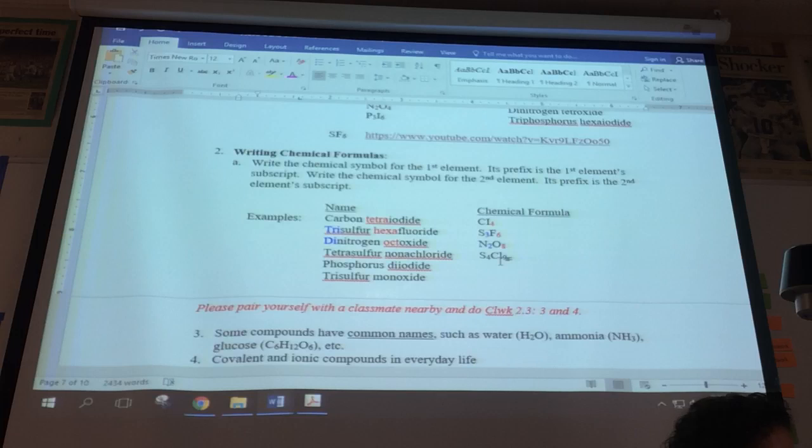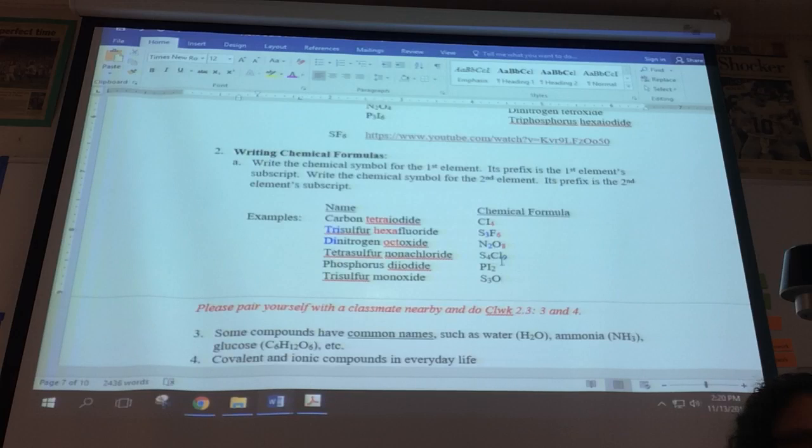It'd be P, P, and then I, I, 2. PI2. You got it. Diiodide. And trisulfur monoxide, Dylan. S3, like on the bottom, and then O. Perfect.